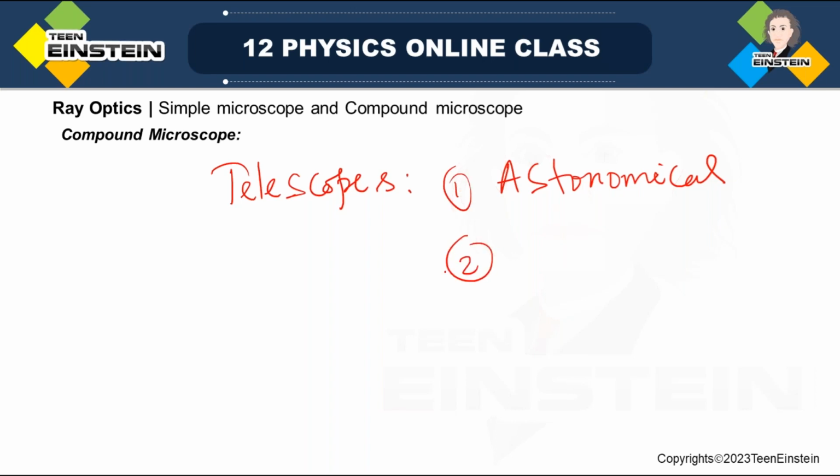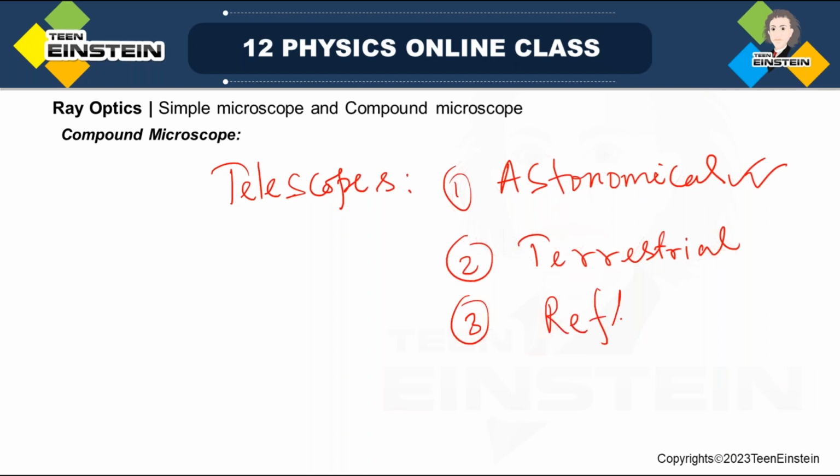I think terrestrial is not there in our syllabus, both in NEET and JEE. So we'll learn about this in detail. And there will be another point, the reflecting telescope, that is there in our syllabus. We have to read a little bit about that. So these three things we will try to cover in the next class.